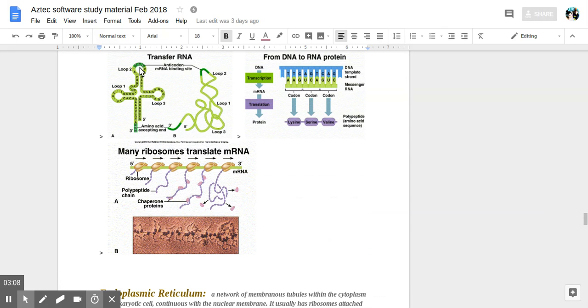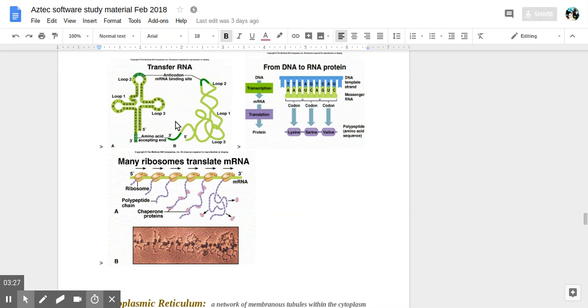Various proteins may help with the transcription process, with starting and stopping of transcription, and making sure the mRNA is in the shape that it needs to be before it leaves the nucleus. So excess intron sections of mRNA, which are non-coding regions, may be removed from the sequence.